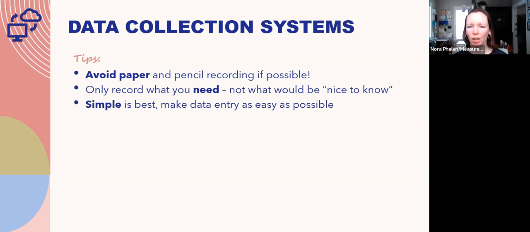And it can make the data collection tool very cumbersome and overwhelming, and then people don't use it. So it's often better to pinpoint the essential information you need, keep the tool as simple as possible, making data entry or collection as easy as possible, so you'll get quality data, even if it's less volume.